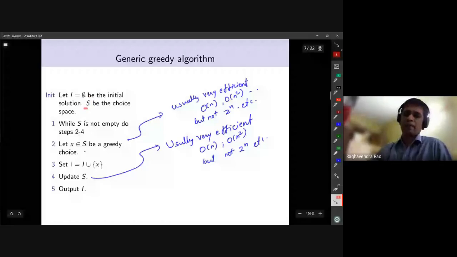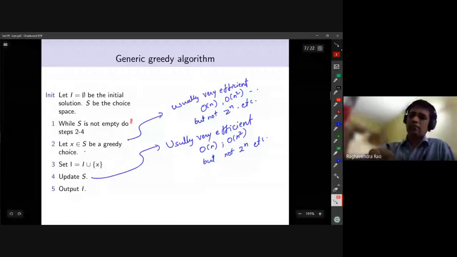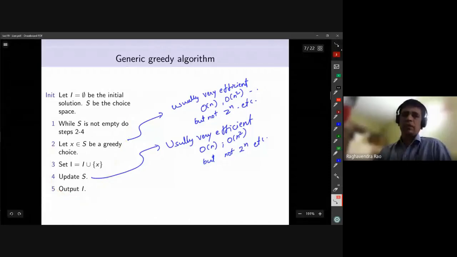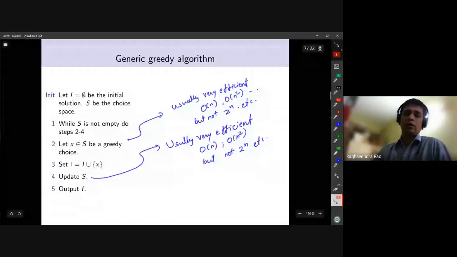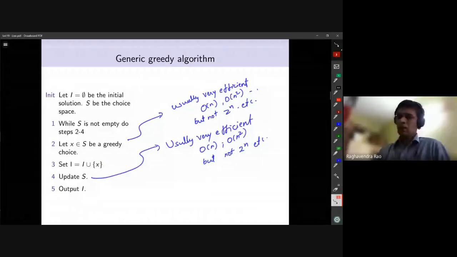Then this is essentially it. You choose a task which is conflict-free, add it, and then remove all tasks which are in conflict with the newly added task, and keep on doing it until you are not left with any task. Any questions?